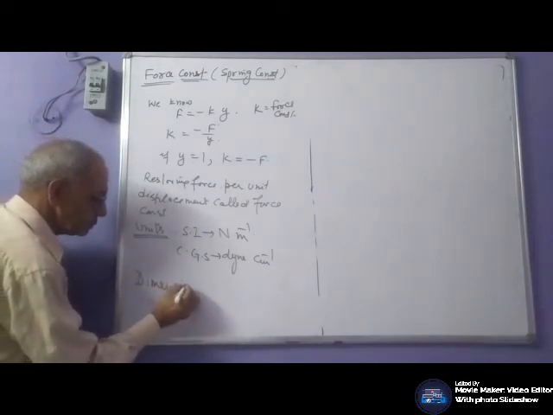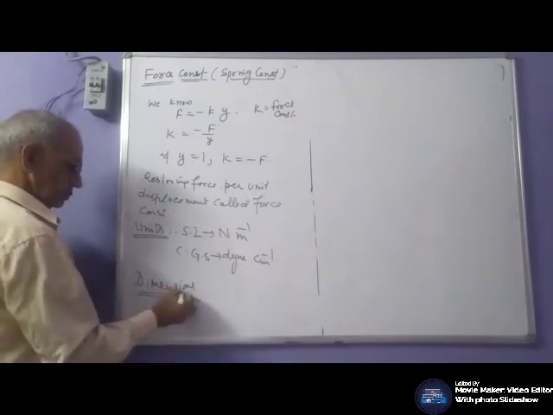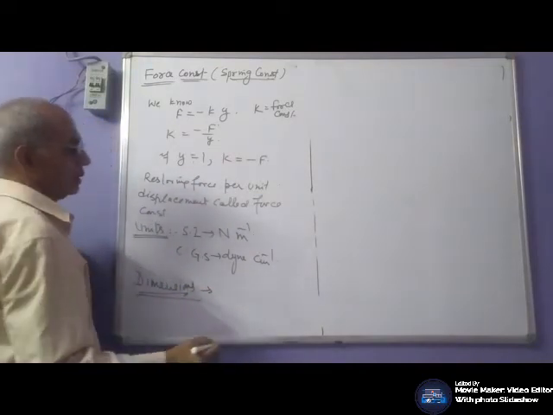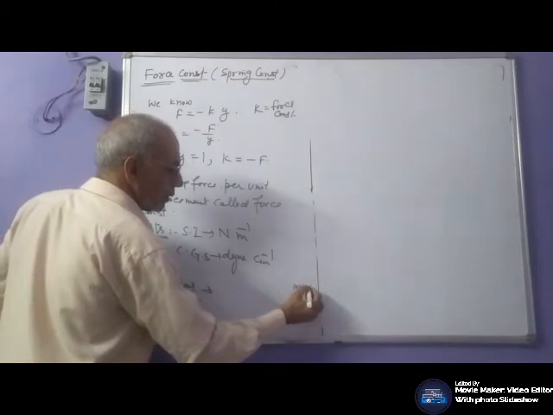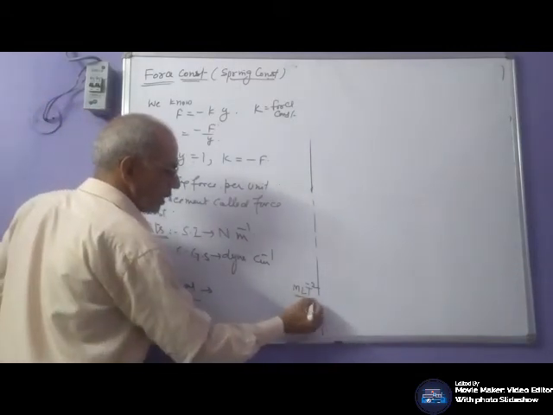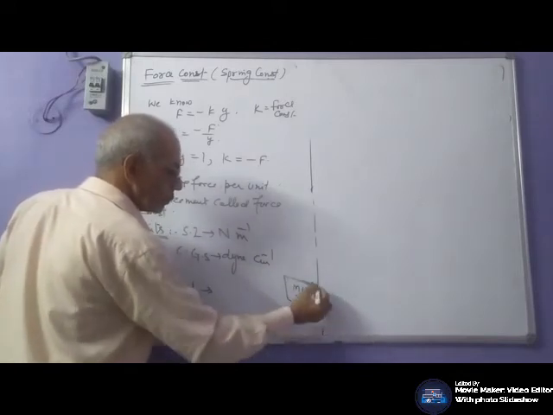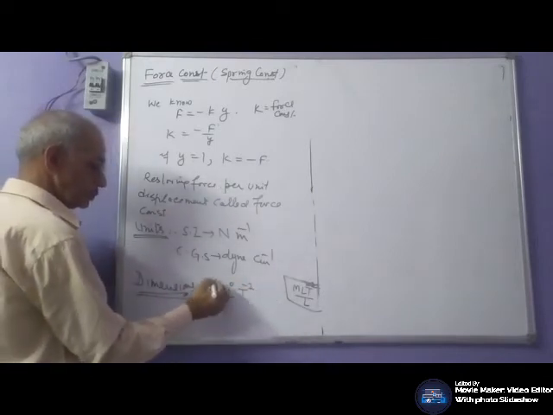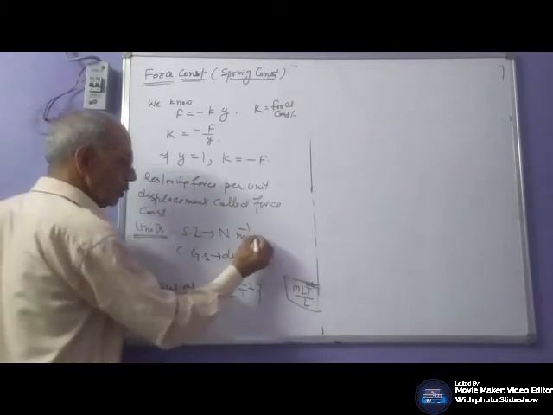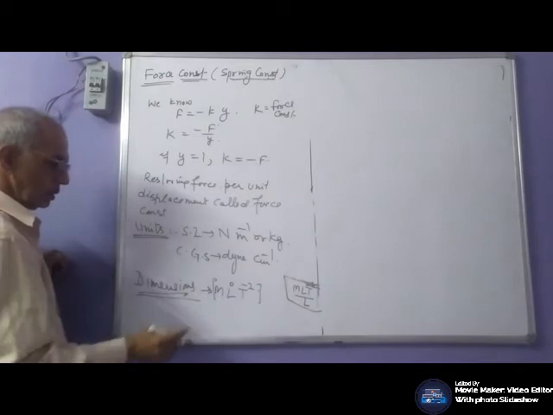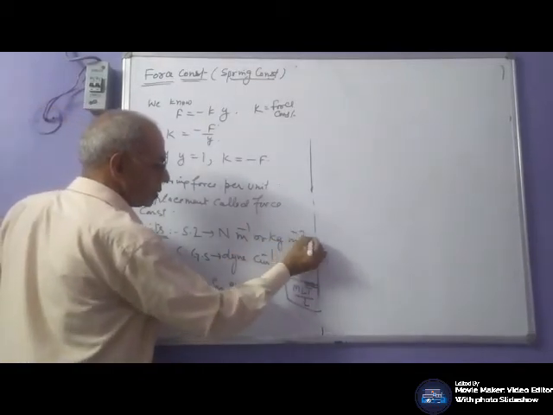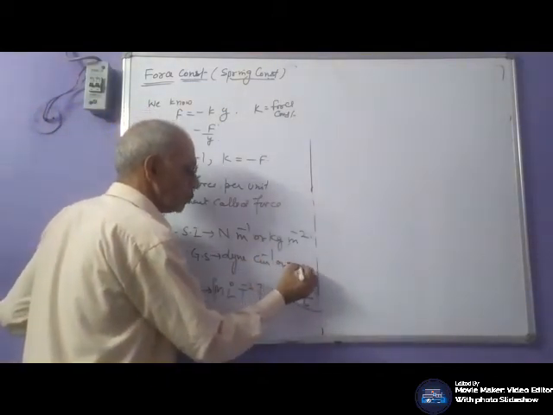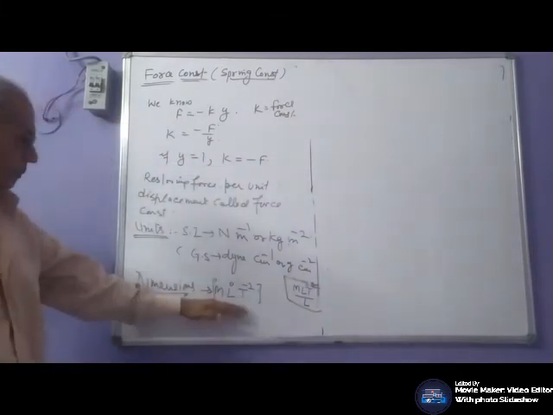Dimensions, F by L, M L0 T minus 2. So this is kilogram per second square, or kilogram per meter square, gram per centimeter square. Here are the other units.